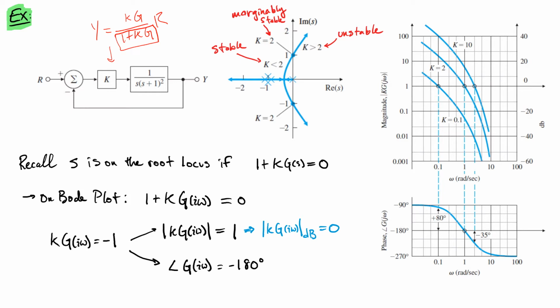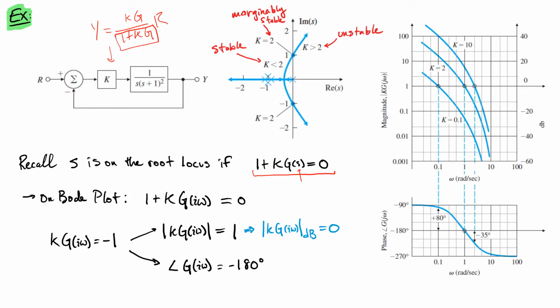Those roots are the values of s for which 1 plus k times g of s, in this case, is equal to 0. And so one of the ways that we looked at that was we created the root locus, which is a collection of all of the points of s which are the roots of this denominator polynomial.